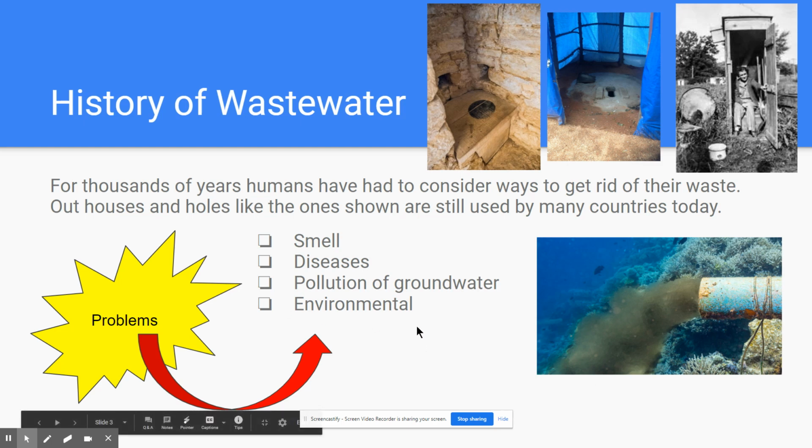But the problem for many people and for many communities that used these methods was obviously the smell, but not just the smell. A lot of our waste is contaminated. It has diseases, and if you do not treat the waste or dispose of the waste in a healthy way, then you can easily spread diseases.